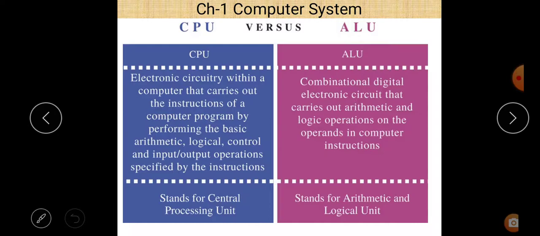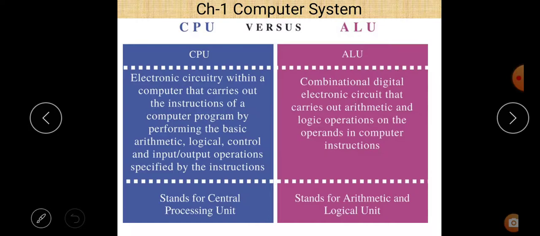So the first point regarding CPU: it is electronic circuitry within a computer that carries out the instructions of a computer program while performing the basic arithmetic, logical, control, and input operations specified by the instruction. And ALU is a combinational digital electronic circuit that carries out arithmetic and logical operations on the operands in a computer instruction.